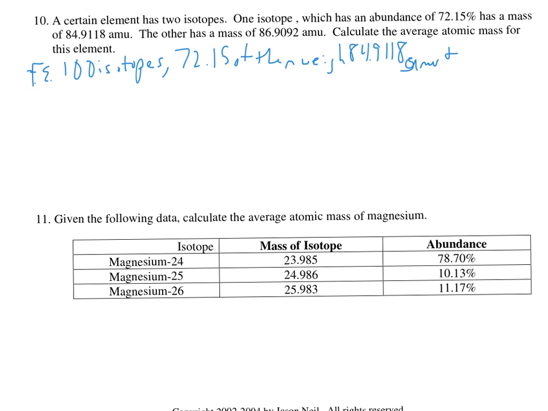And the rest, so that's going to be 100 minus 72.15. I know it's out of 100%. So that'll be 27.85 of them weigh 86.9092 AMUs.